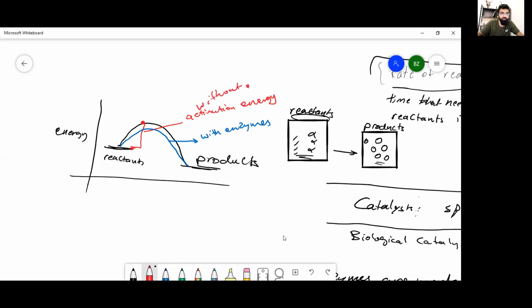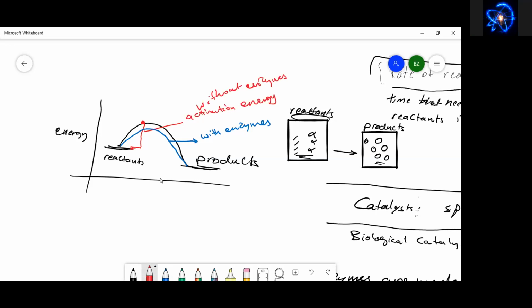That means the reactants will react together in a very fast way rather than waiting to gain much activation energy to start. So less activation energy is useful to start this reaction. Is it clear for all?